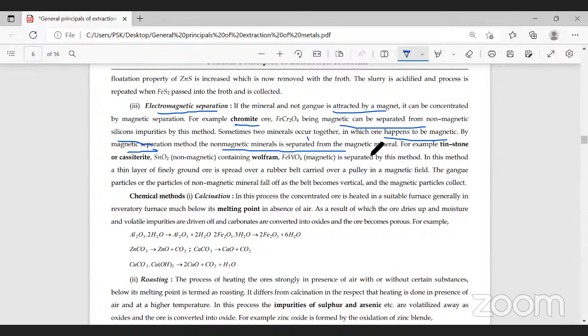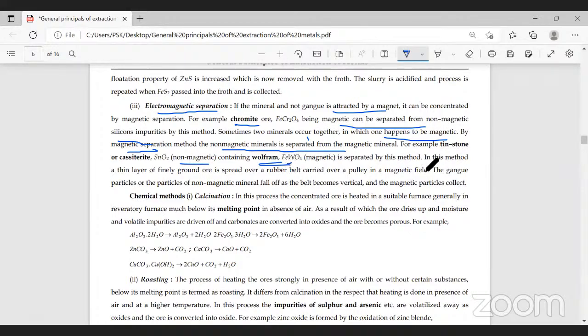For example, tin stone or cassiterite is SnO2. It is non-magnetic. It contains wolframite, FeWO4, which is magnetic. Tin oxide is non-magnetic. Wolframite is the ore of tungsten, which is magnetic.